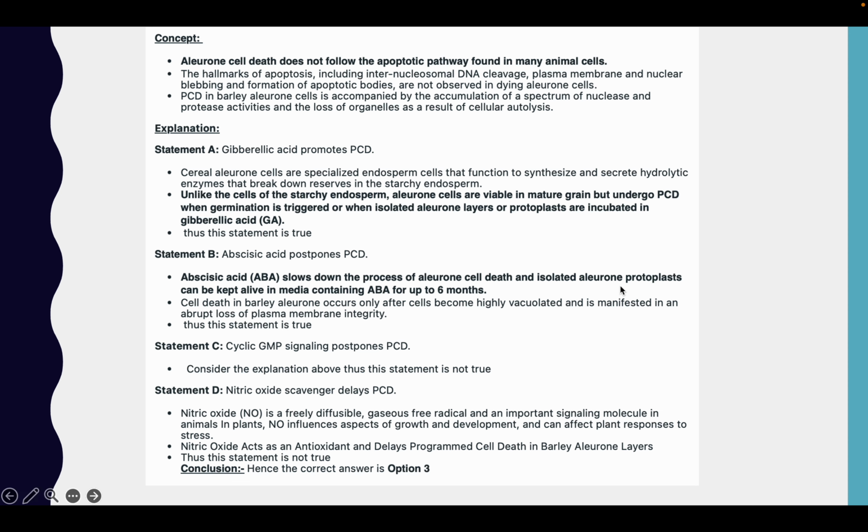And loss of organelles, we know, is a result of cellular autolysis. So it is no different than that. Although plant and animal systems are different and nuclear blebbing is different, the function is the same: loss of organelles and degradation of nucleic acids and proteins will occur.